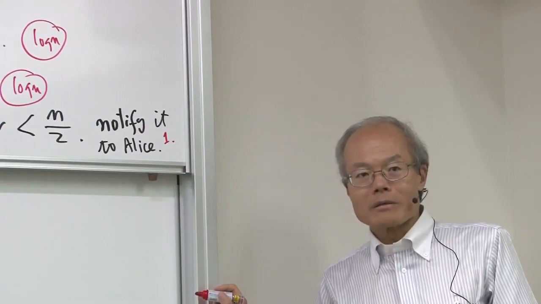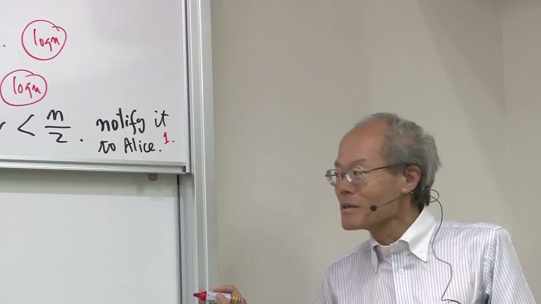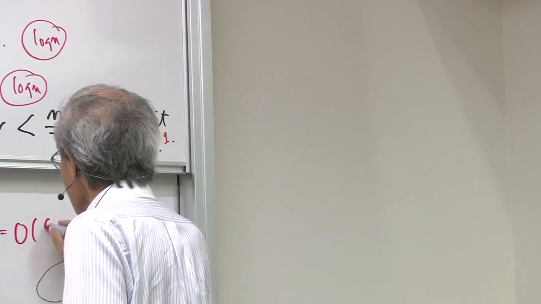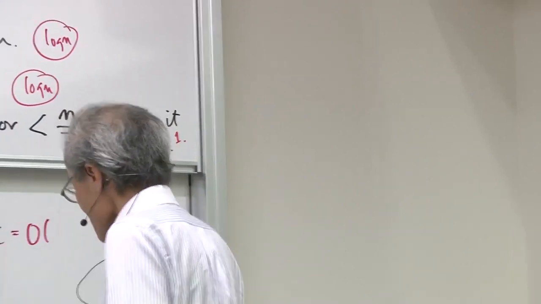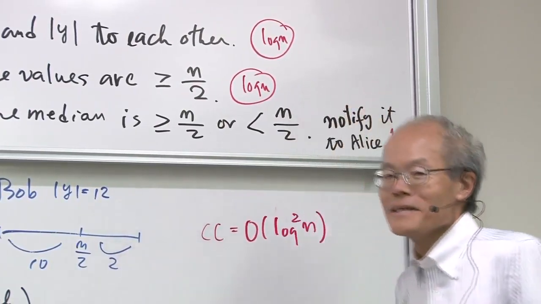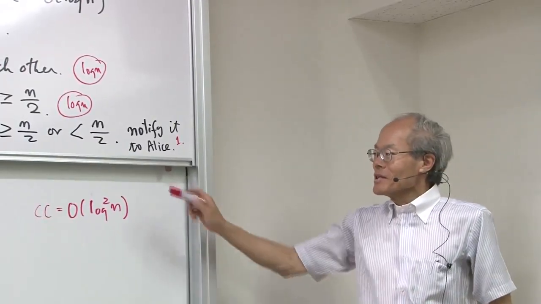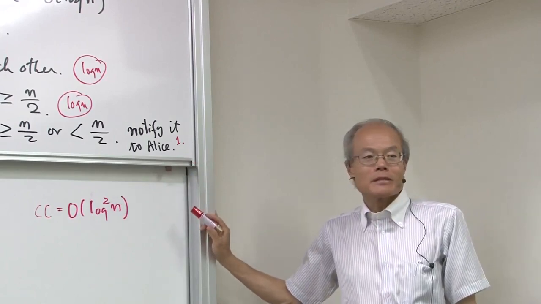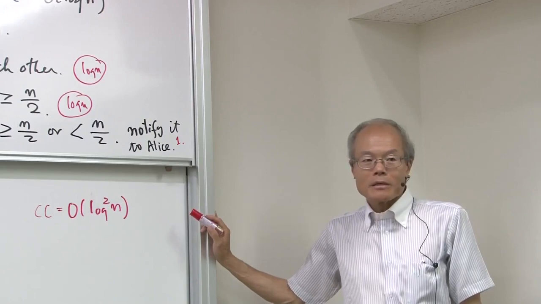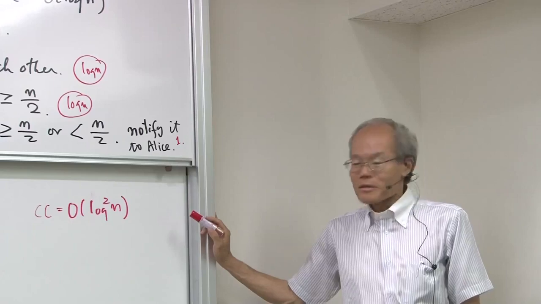Of course, log n rounds, because this is a binary search, right? That means the communication complexity is log n squared. Because in each single round, we need log n bits for communication, and we need log n rounds. That means log n times log n is log n squared. Good.